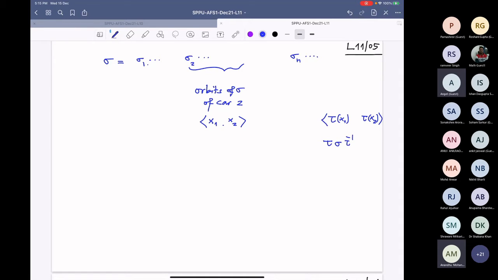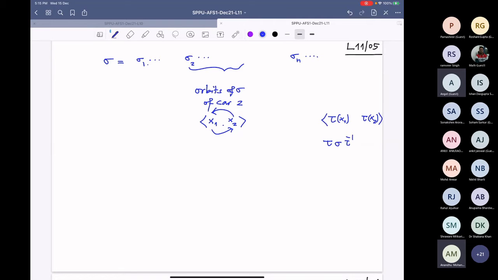But here I know under sigma, this x1 is going to x2 and x2 is going to x1. So the cycles in the canonical decomposition give more finer information than the orbits. So this cycle goes to this cycle. But now with this tau x1 and x2, we don't know which is x1 and which is x2.